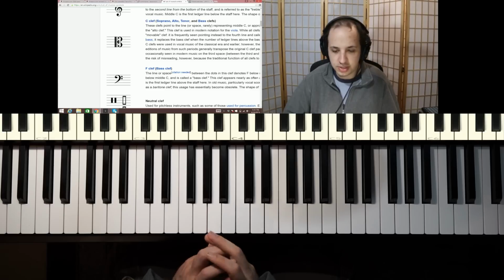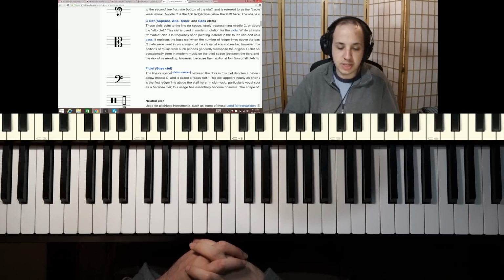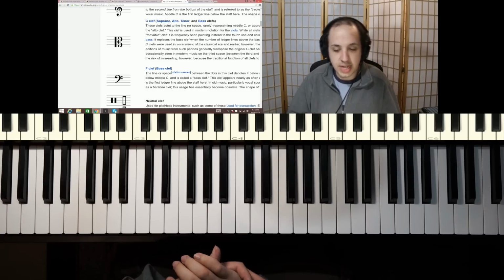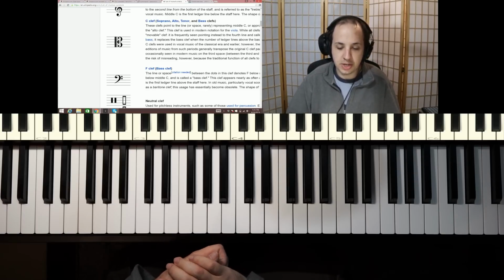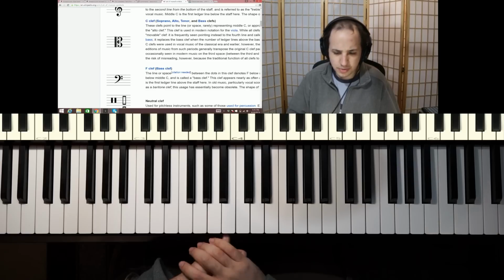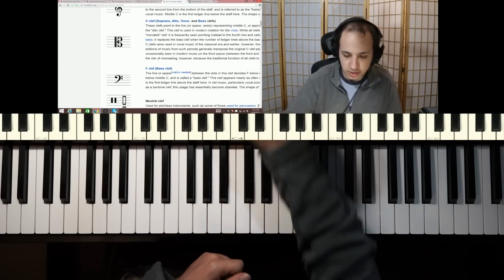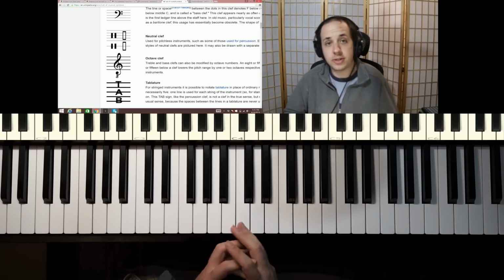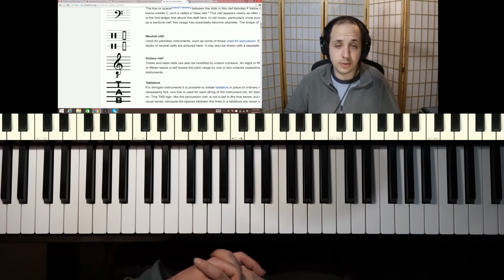That's why it's called the C clef. And then depending on how high up or down it is, it's either the soprano, alto, tenor, or bass clef. There is one for bass clef though. Weird. I don't know, but that's how that one works. Unless you play viola or something, you usually don't have to worry about it.